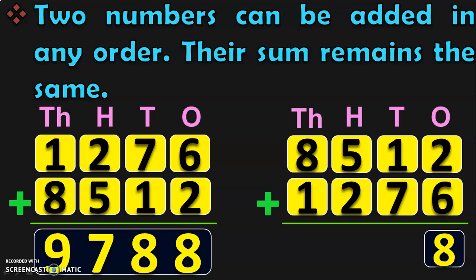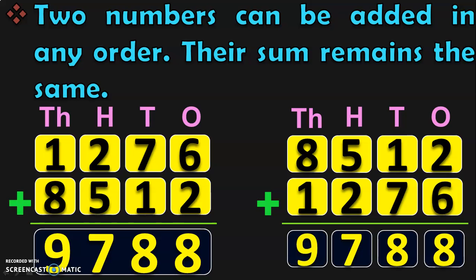Next, coming to the tens place, 1 plus 7 will give you 8. Next, move on to the hundreds place. 5 plus 2 will give you 7. And then coming to the thousands place, you will get 8 plus 1 to be 9.